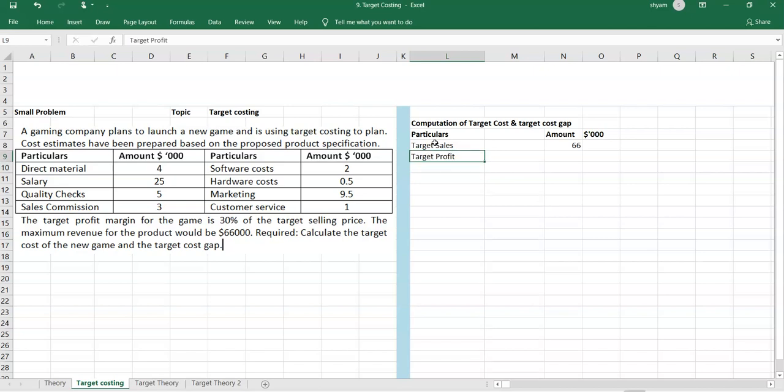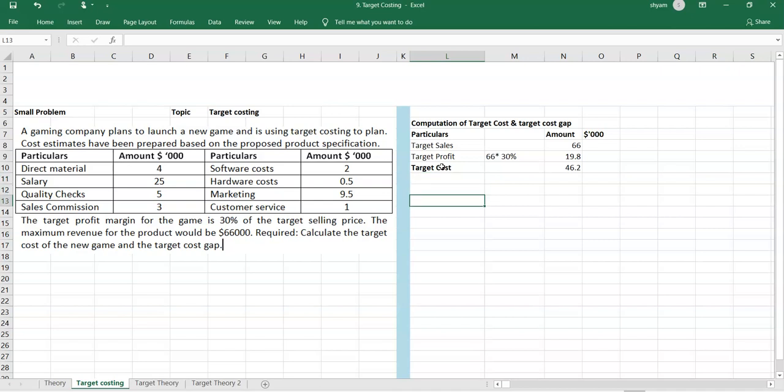The target profit has to be 30% of the selling price. So the target cost has to be 46.2. Anything more than that is not good.